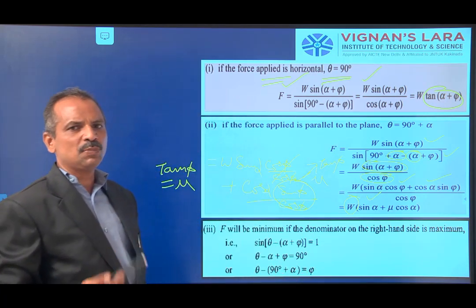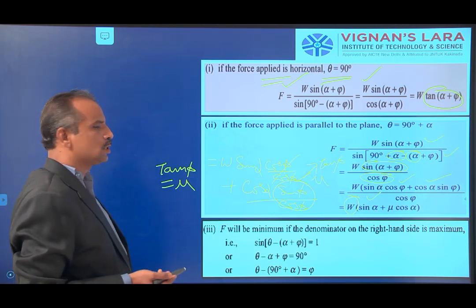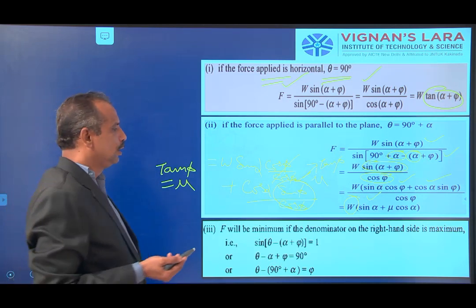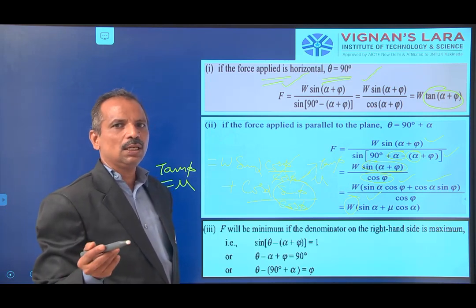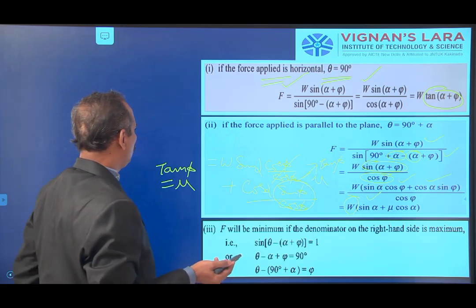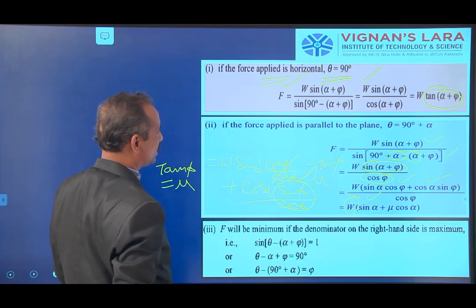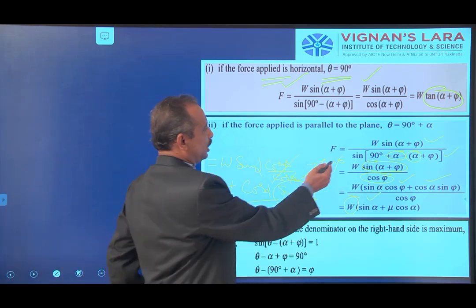Then my objective is to find out what is the minimum force that I need to apply so that the load can be lifted, raised comfortably. So if you look at the general equation, what is it?